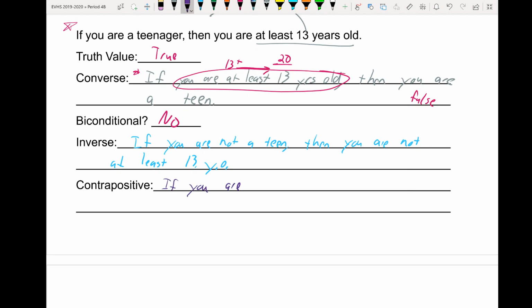If you are not at least 13 years old, then you are not a teen. Or more properly, a teenager.